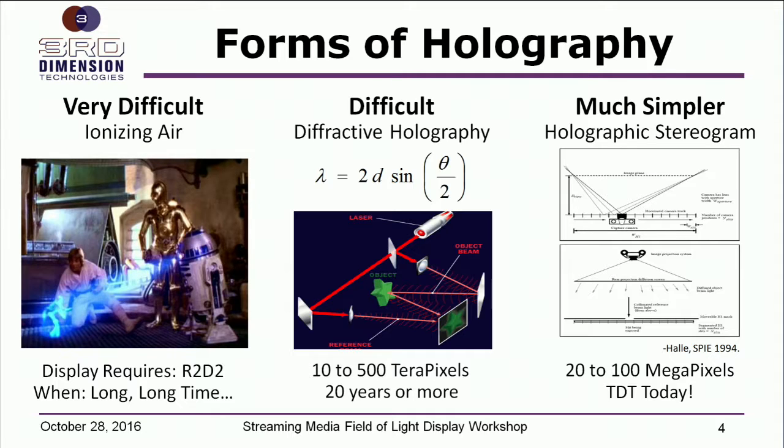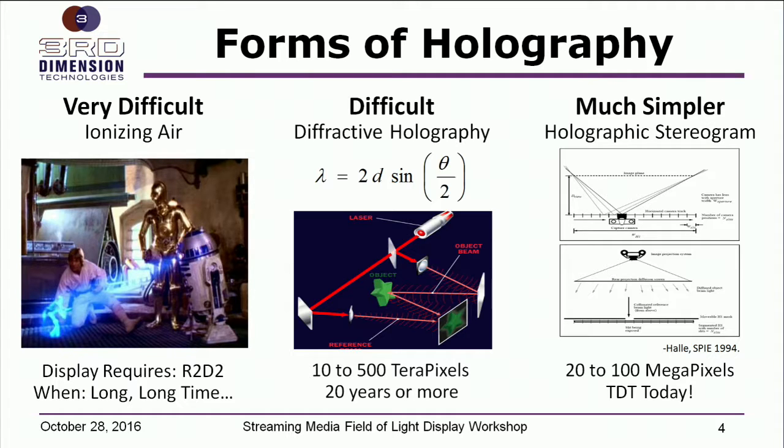So back in the 1970s, people developed something that's much simpler than a diffractive hologram. It's a holographic stereogram. For the analog ones, you made about 100 pictures with an analog camera, and then you used laser light to make vertical hologram strips on a photographic plate, and then you could replay that in either white light or laser light.